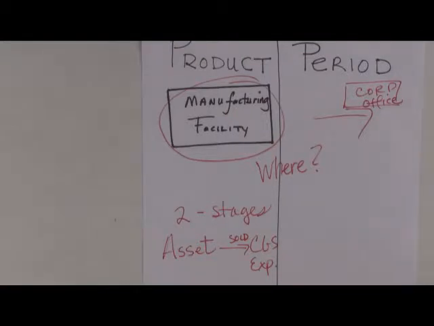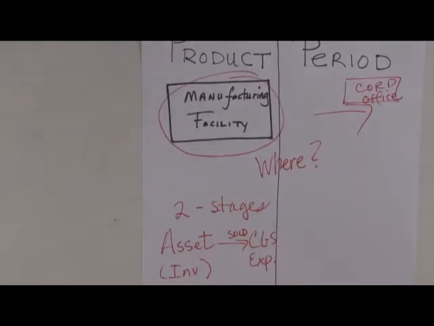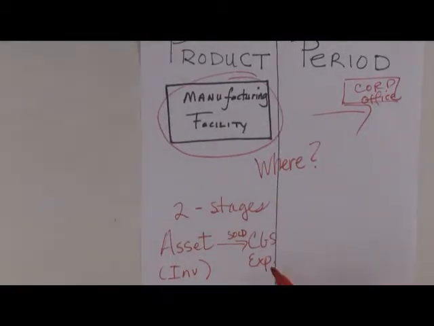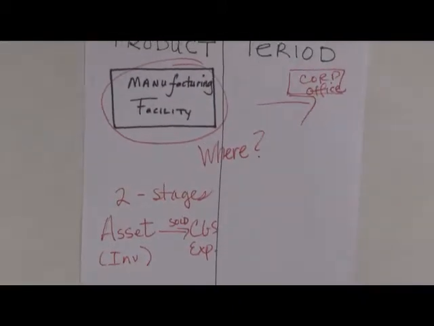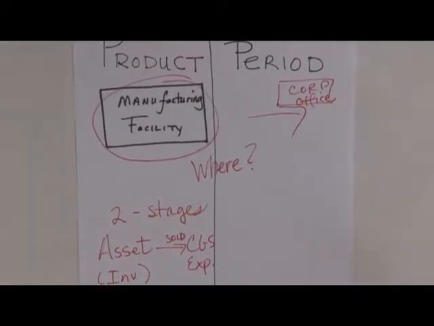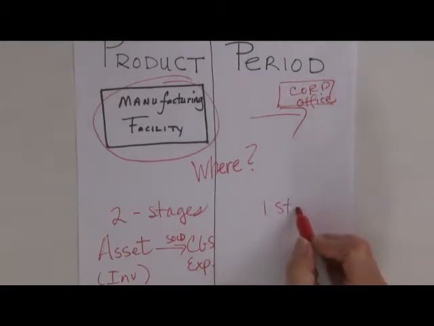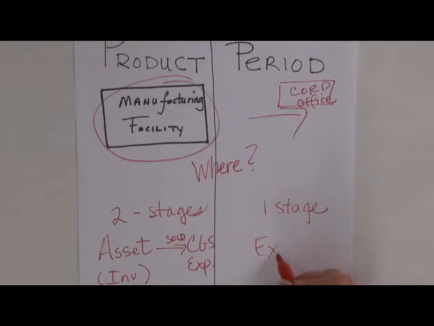So product costs start out as part of the asset value, the account called inventory, and end up later being expensed. When we talk about the period cost, this is a one-stage situation where these costs are expensed immediately.